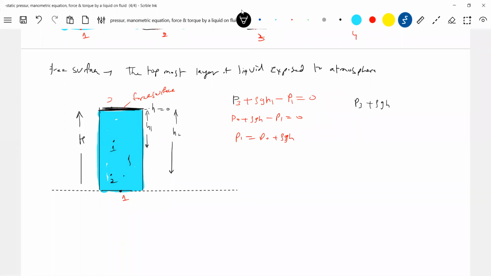P3 plus rho G H2 minus P2 equals 0. There's a pressure at point 2. Pressure between 1 and 2, I can find as P1 plus rho GH minus P2 equals 0. So P2 equals P1 plus rho GH. What is H? H2 minus H1.